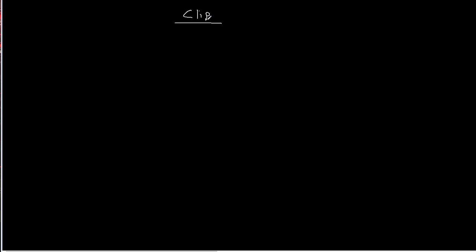CLIP is the cookie cutter, and what you're left with, the thing that you actually care about with CLIP, is what's left over in that big sheet of cookie dough. So what does CLIP do? CLIP removes portions of features that overlap another feature.